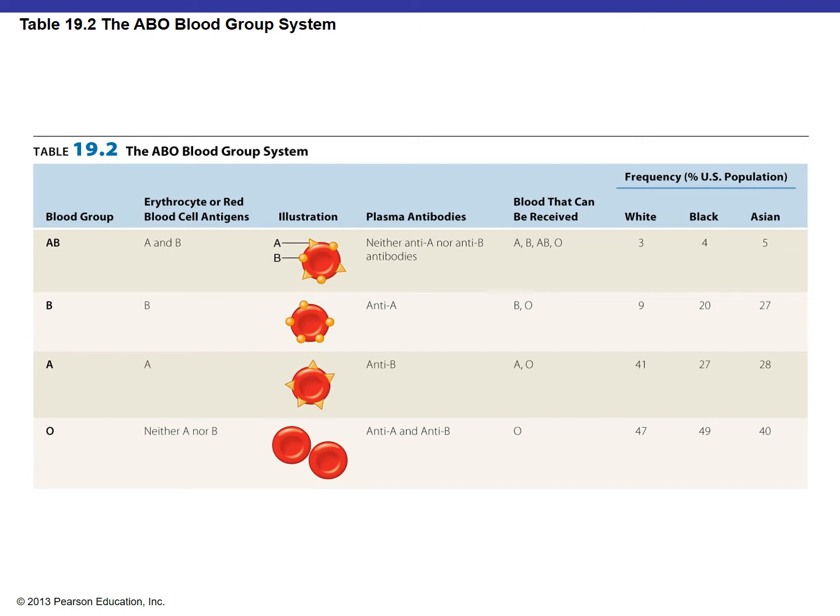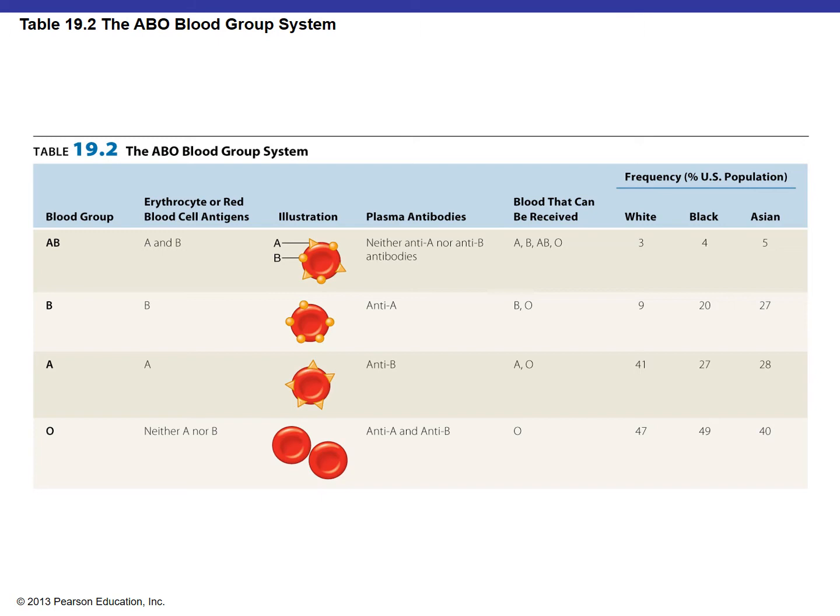So this is showing the ABO blood group system. So A and B refer to carbohydrate antigen on the surface of your red blood cells. So if you are blood type A, you have A antigen on the surface of your red blood cells.